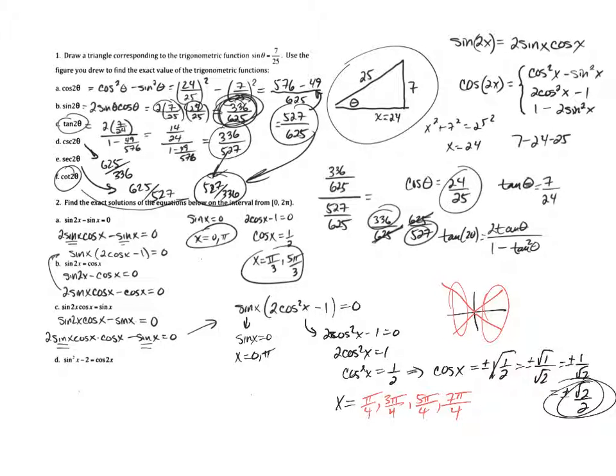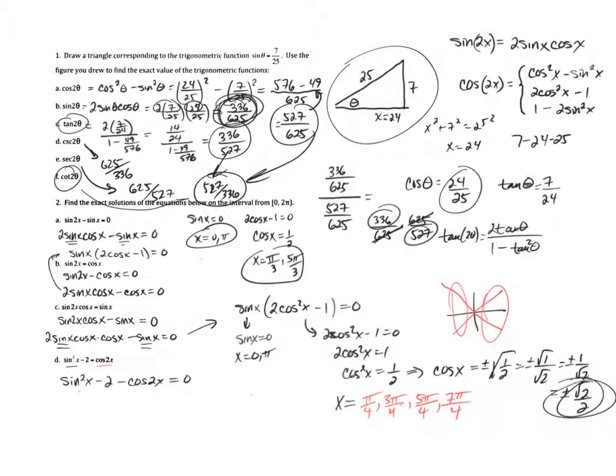And then lastly, this equation is a little bit interesting because we've got a mix of sines and cosines going on here. So I'm going to start by moving everything over to one side. So sine squared minus 2 minus the cosine of 2x is equal to 0.